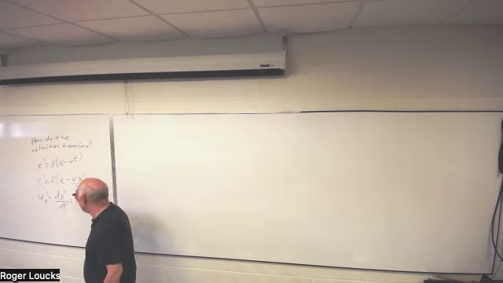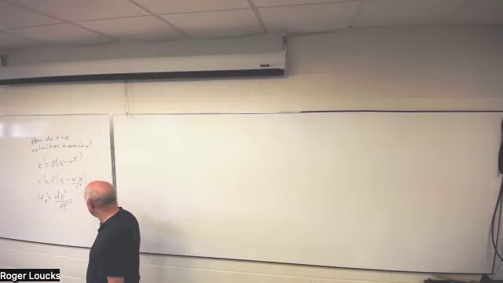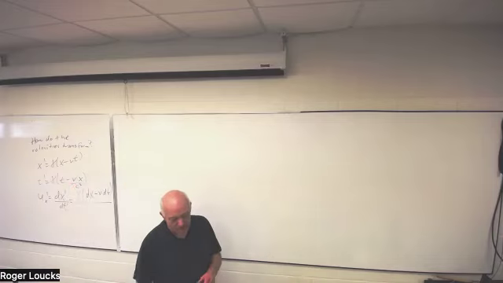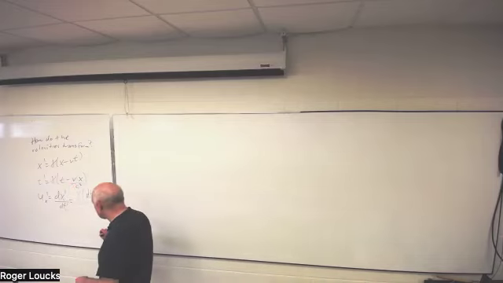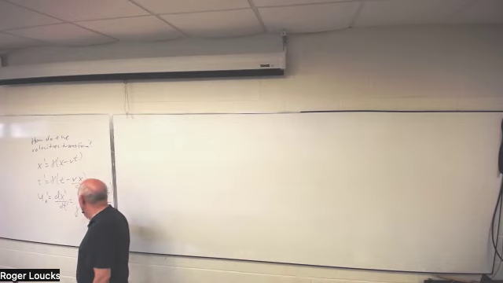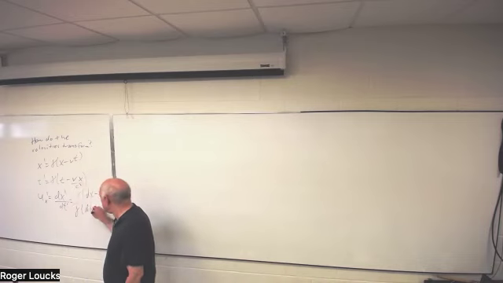Gamma, dx minus v dt. And we divide that by gamma dt minus v dx over c squared. That's right. The gammas go out here.